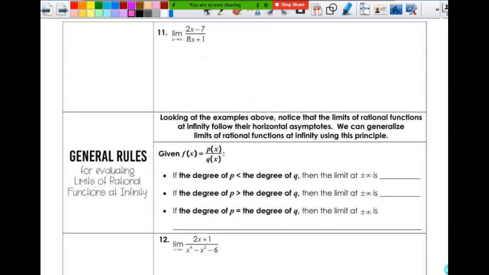Highest exponent in the denominator is x. So you go ahead and work through this one without me talking you through it.